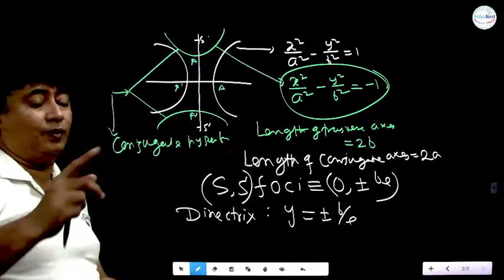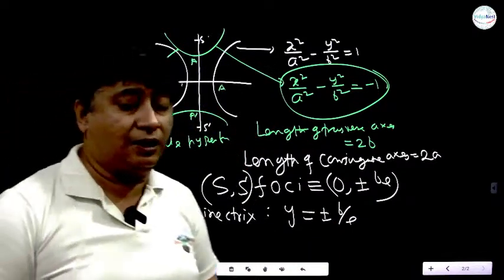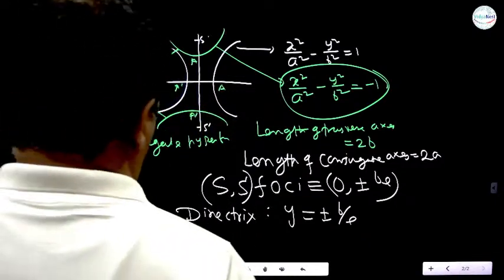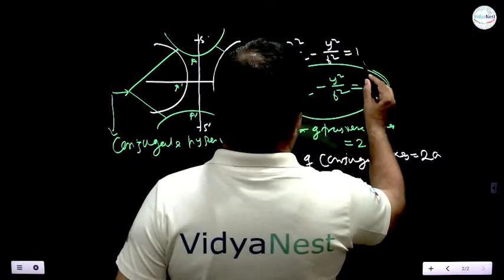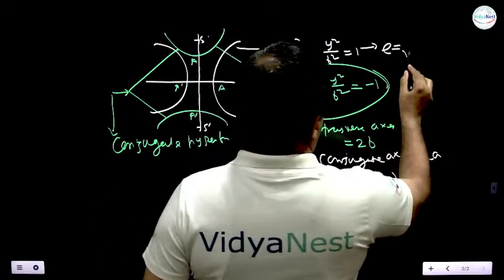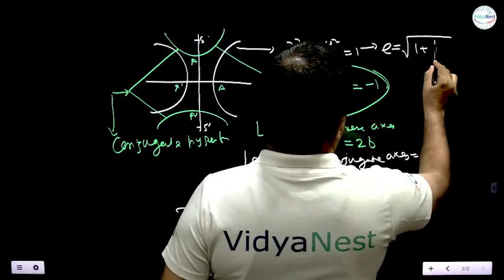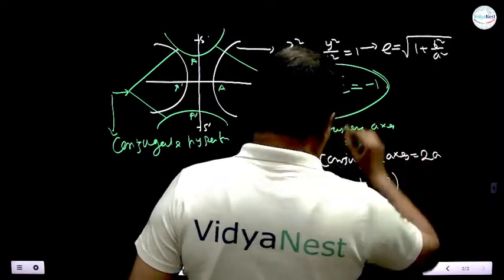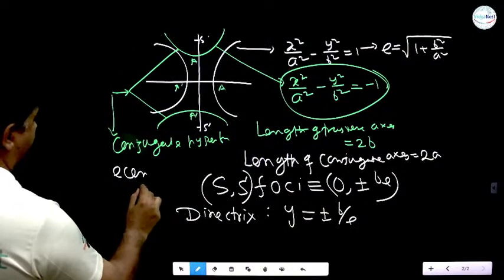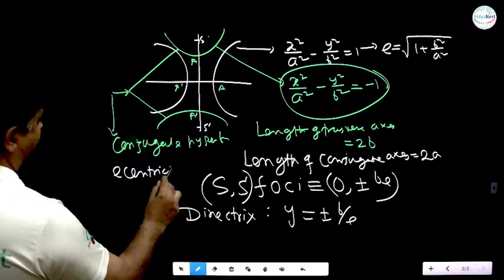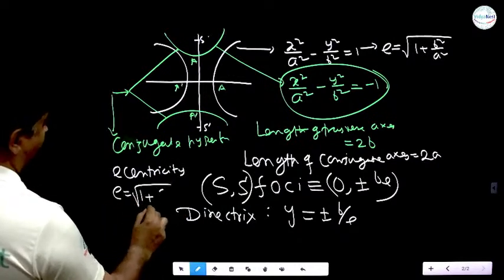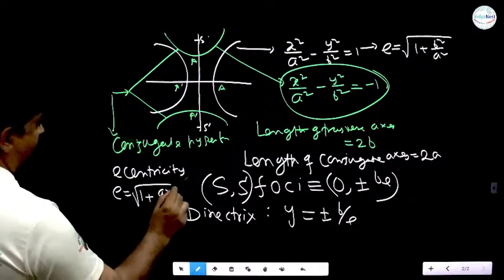X will become y, y will become x. Understand? Earlier the eccentricity was root of 1 plus b square by a square. Here also it is reversed: eccentricity is root of 1 plus a square by b square. Understand?